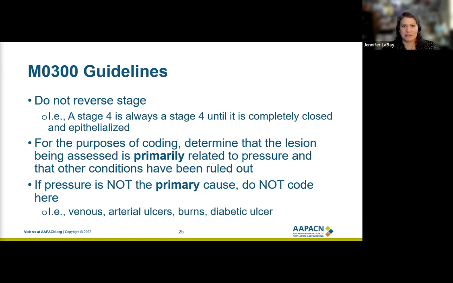Sure, it was, like I said, exacerbated by those other things, but pressure was the ultimate cause. If pressure is not the primary cause, then you need to look at what this is. Is this an arterial ulcer, a venous ulcer, burns, diabetic ulcer, some other wound issue?